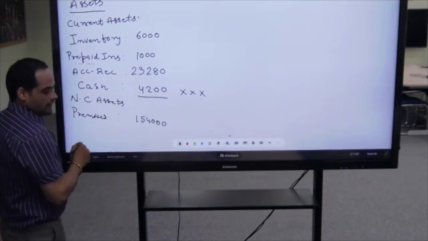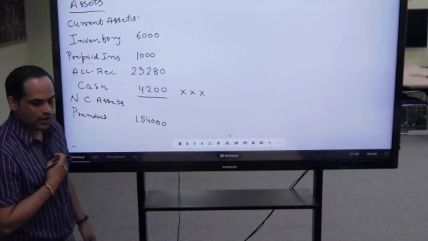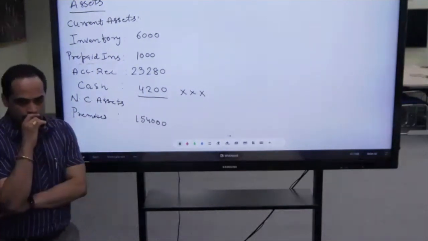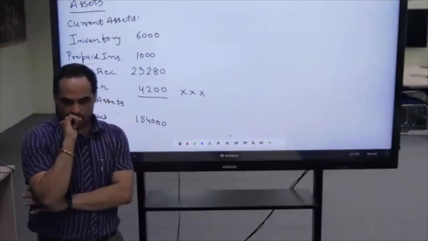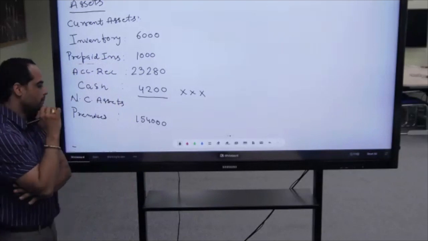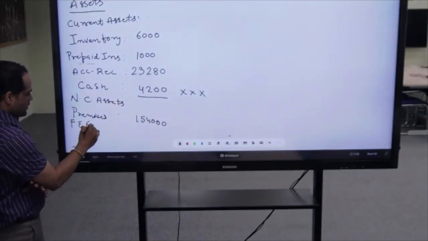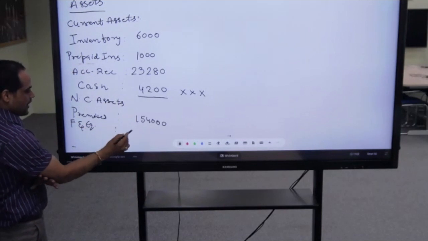Right. Next is, what is the next fixed asset? Furniture and equipments, that's right. Furniture and equipments, how much?